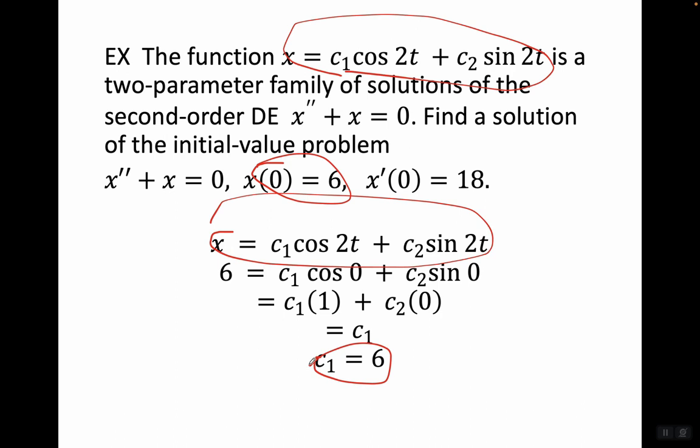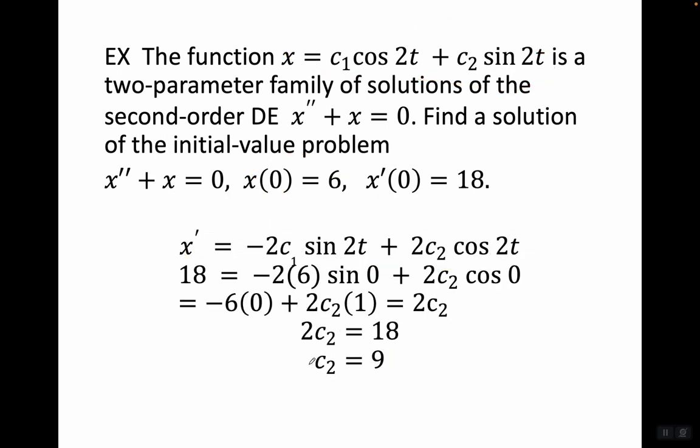Now let's solve for the other parameter, c2. Okay, x prime equals negative 2c, and all I'm doing is taking the derivative of this function. If this is x, we know how to find x prime using the chain rule. The derivative of this is going to be negative 2c1 sine 2t plus 2c2 cosine 2t.